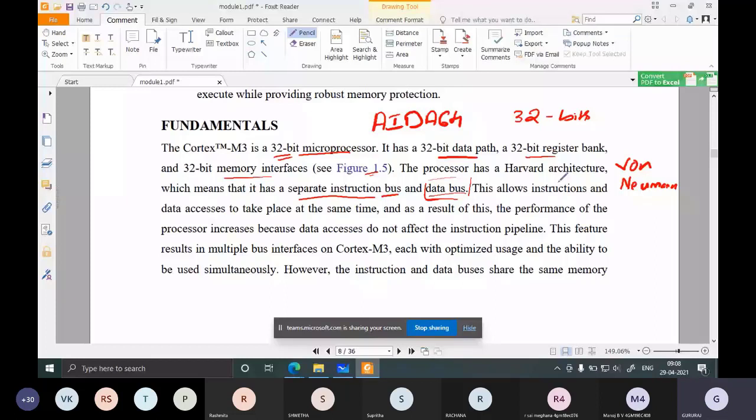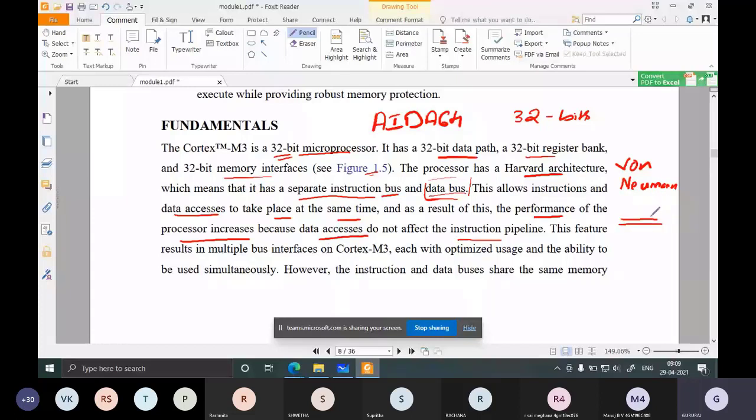Hence here the access will be much faster because it is a Harvard architecture with a separate instruction bus and data bus. This allows data and instruction access to take place at the same time. As a result, the performance of the processor increases, because data access does not affect the instruction pipeline.